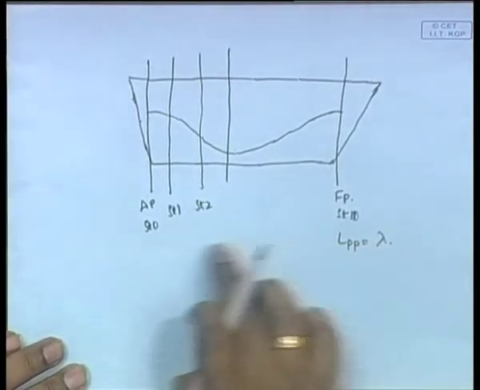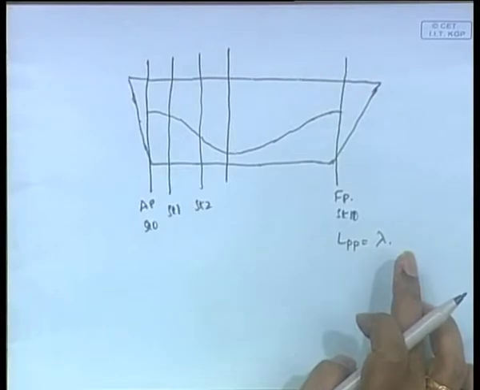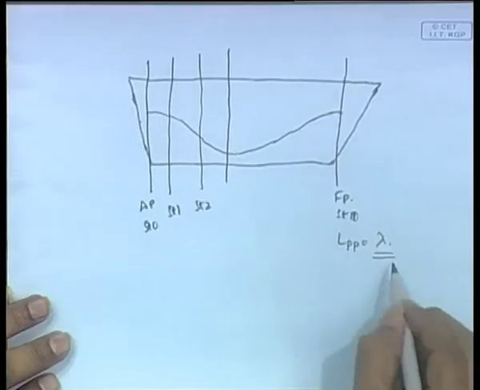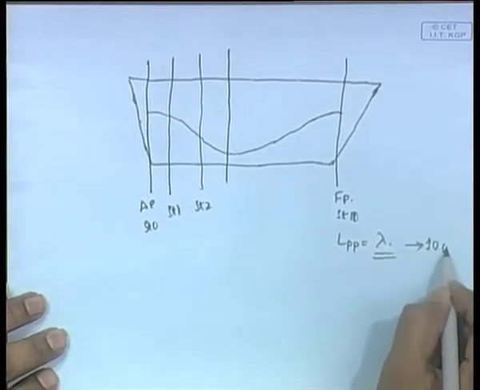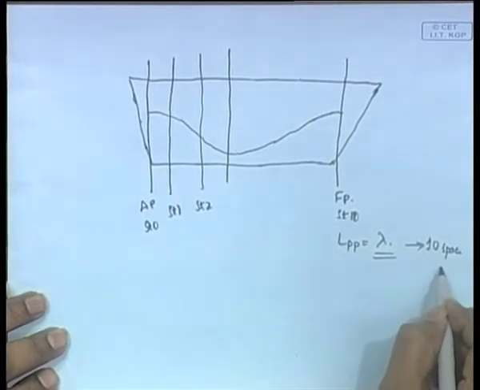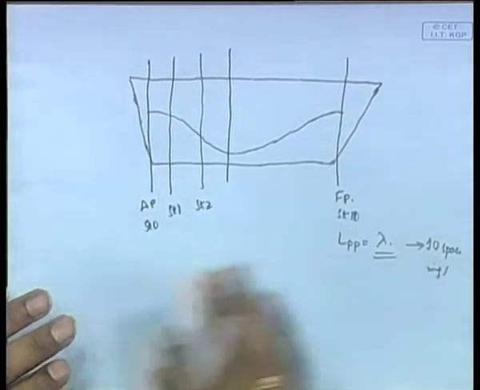So, you have 11 stations and 10 spacings. And so the whole lambda, the wavelength of the wave, we have split into 10 spacings, the whole ship into 10 spacings.